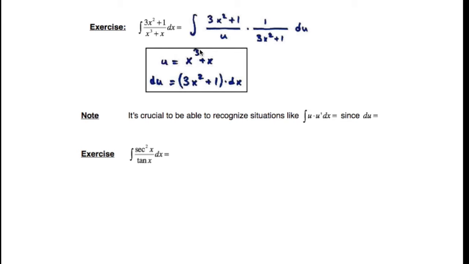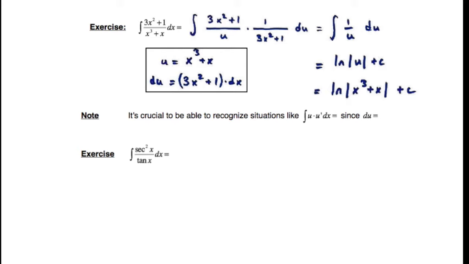If I change the denominator x cubed plus x to u, and I change dx to 1 over 3x squared plus 1 du, I notice that this and that cancel out, so this simplifies to 1 over u du, and therefore the integral is ln of absolute value of u plus c, which, when changed back to the variable x, becomes ln of |x cubed plus x| plus c.